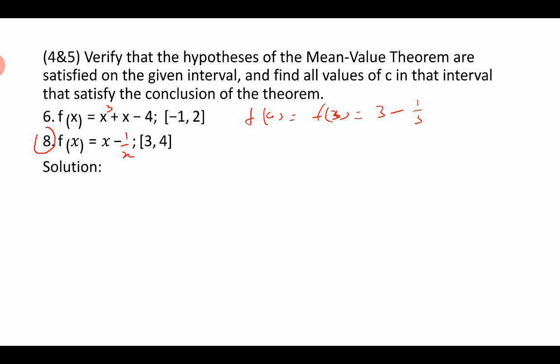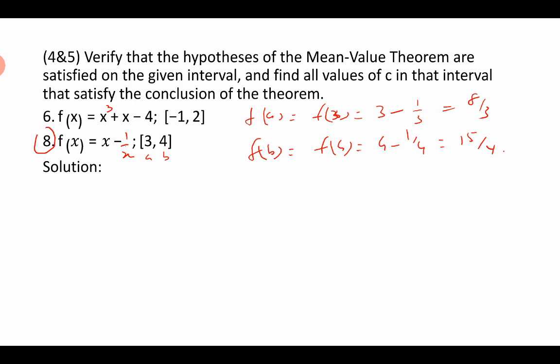What do you get? 9 minus 1, 8 over 3. f of b, which is f of 4, is 4 minus 1 over 4, 16 minus 1, 15 over 4. This is a, this is b, right?